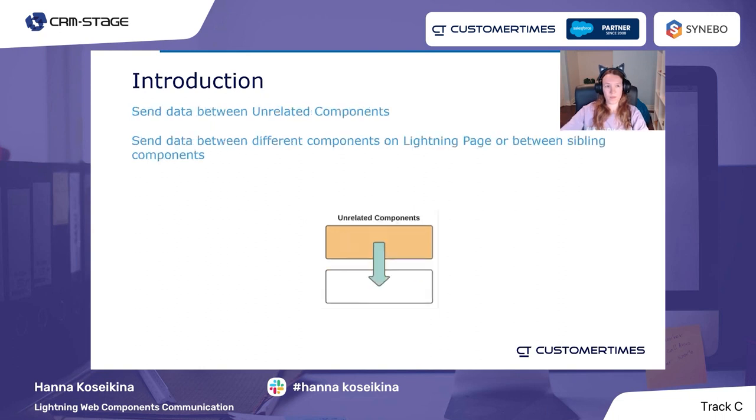And other option is sending data between unrelated components. Let's say we have a Lightning page, a Lightning record page, and we have there a custom component in the header and a custom component in the right sidebar, but we want to use standard details, so making one big component which will hold all of those smaller components will not work for us.